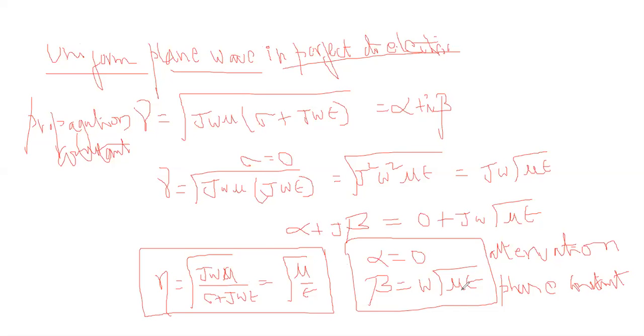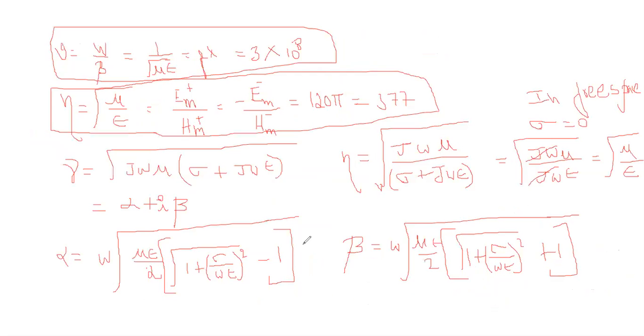And beta is equal to omega under root of mu epsilon. Here we have the alpha and beta functions.